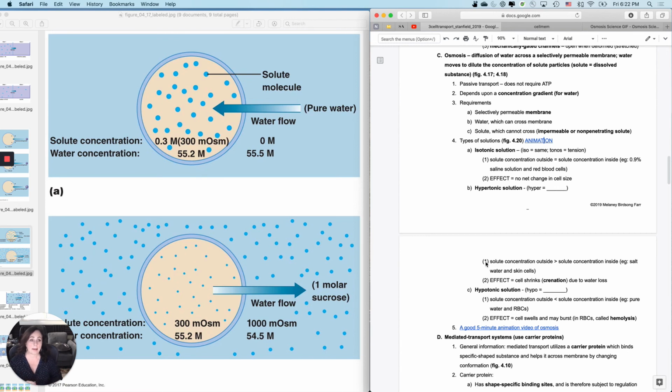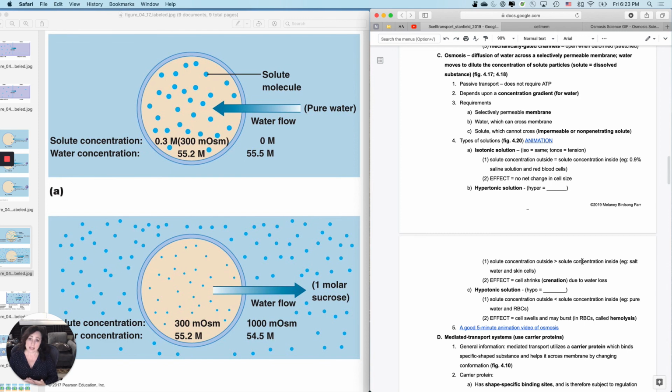Good. Hypertonic, hyper means above. The solute concentration outside is greater than the solute concentration inside. This is why you don't want to drink salt water when you are stranded on a desert island, because if you drink salt water, as the salt water goes by your mucous membranes and comes into contact with all of those epithelial cells, the cells are exposed to a hypertonic solution, and it sucks the fluid out of the cells as it goes by.